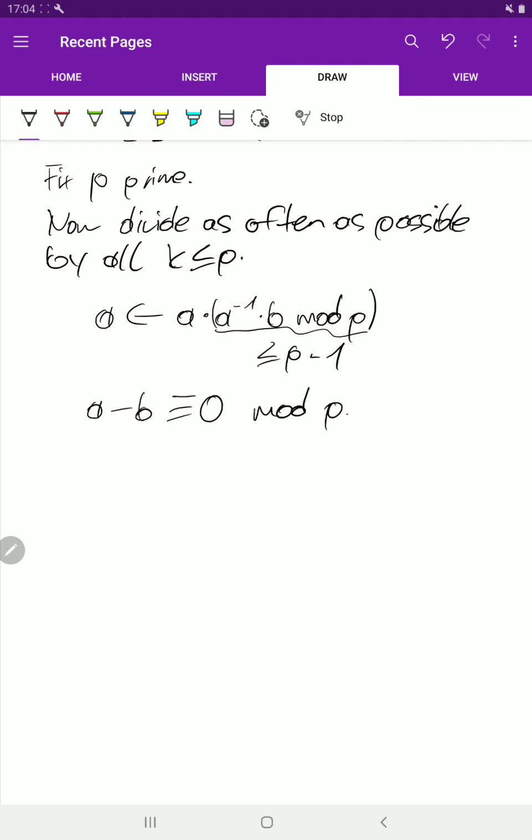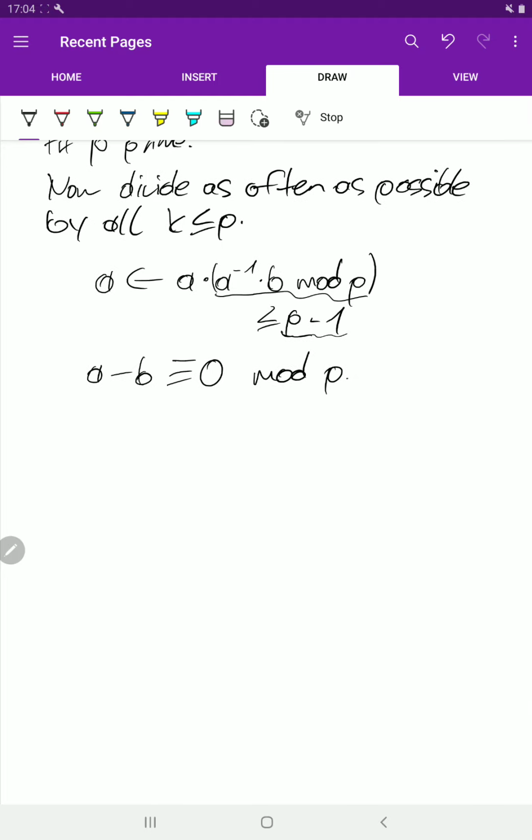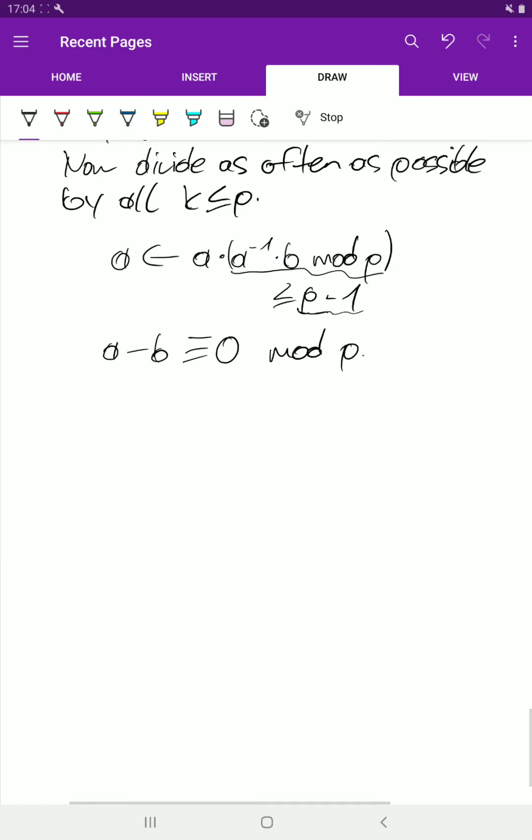So now we have to be a little bit more careful, because we multiply by something which changes our absolute value. But on the other hand, it's not that bad, because afterwards we can divide a minus b by at least p.